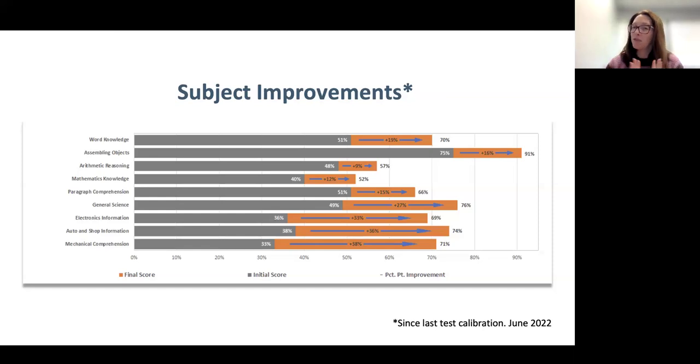But since I promised you a number, the number that we usually see is the average is about 32 days. So when you have service members coming to you and asking how long this is going to take, we know that people want a number. Feel free to give them that number of 32 days, but also with the caveat that they need to be in the courseware actively trying to work on their academic skill improvement.